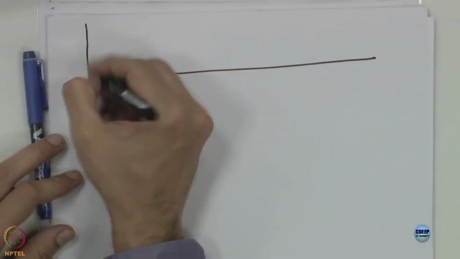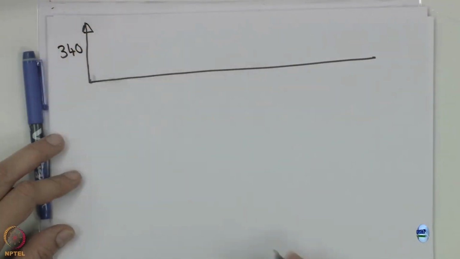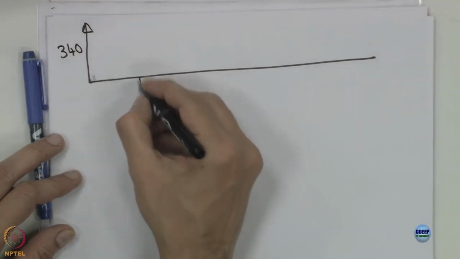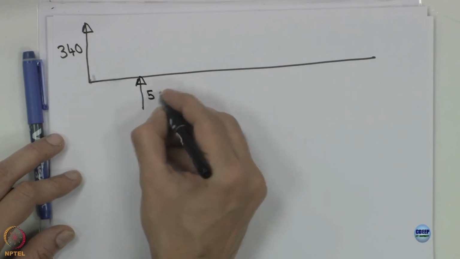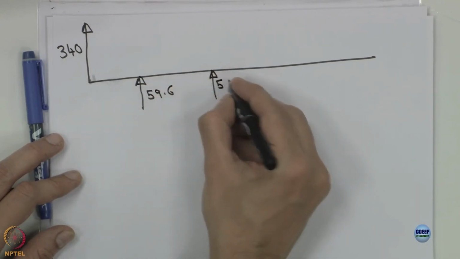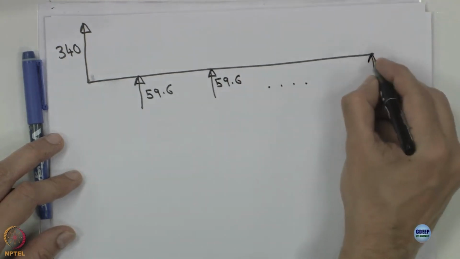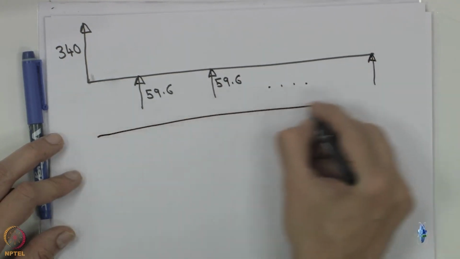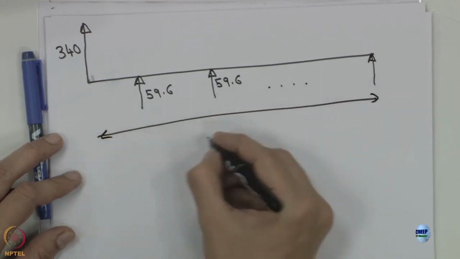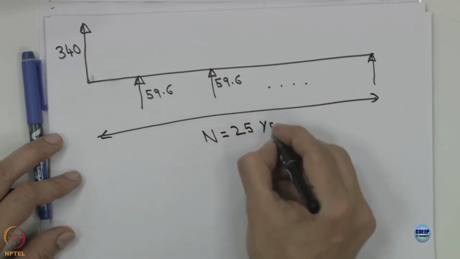So if we look at what happens here, we are paying 340 crores and we are getting 59.6 crores every year for a total life period n equal to 25 years.